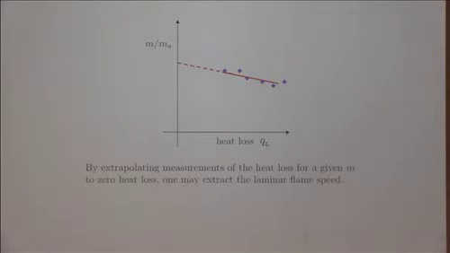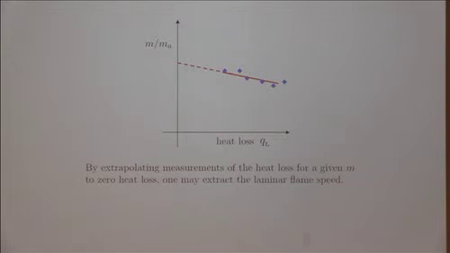The last comment before we take a break is that this is one way to experimentally determine the laminar flame speed. For a given M, the mass flux that you can control, you measure the heat loss, so you have values of the heat loss.